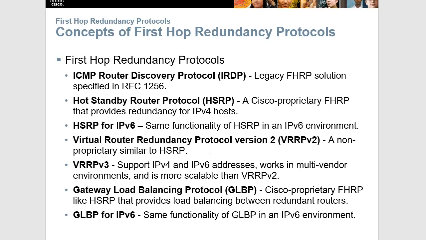As you see, a lot of the time we have the Cisco proprietary version or the non-proprietary version. You've got v3 of that, which supports IPv4 and v6 addresses and is more scalable than VRRP. Gateway Load Balancing Protocol, Cisco proprietary, provides load balancing between redundant routers.